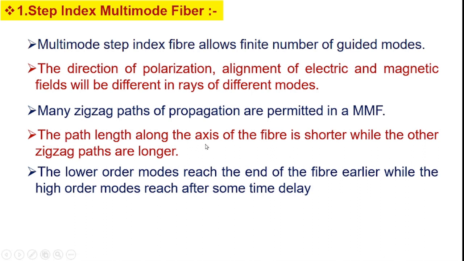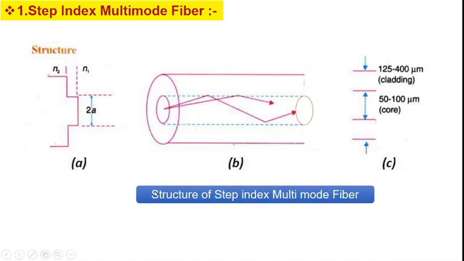Already, these points we have discussed in our previous video. This shows the structure of step index multimode fiber. Here this shows the variation of refractive index in optical fiber, and here we can see two modes are propagating through optical fiber, and this shows the diameter of optical fiber's core and cladding part.